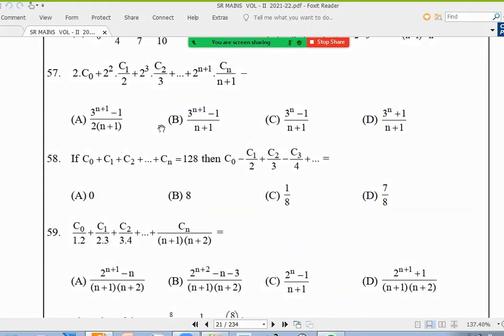Okay, 57. I'll directly write the whole thing in sigma form: sigma r equal to 0 to n, 2 power r plus 1, NCr by r plus 1.